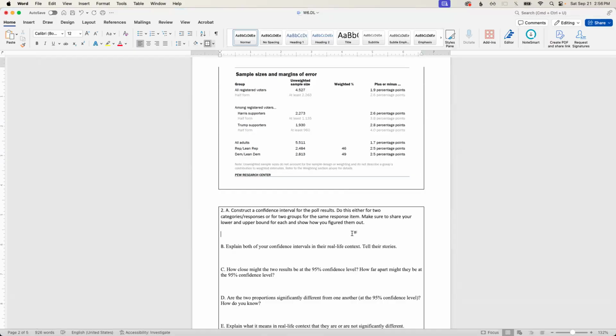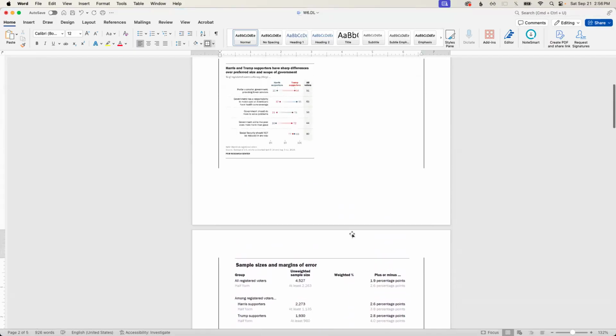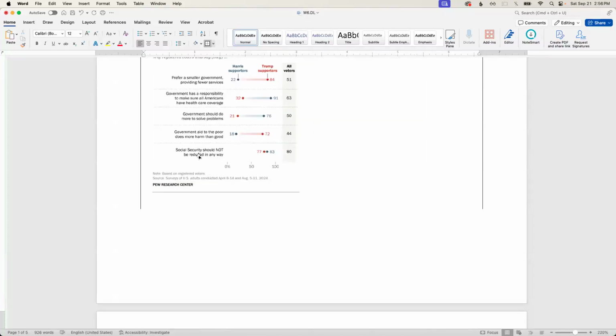The next thing is to make a confidence interval. So I'm looking again at the Social Security one. I had Trump supporters at 77% and Harris supporters at 83%.